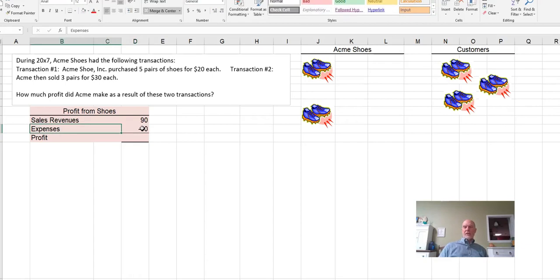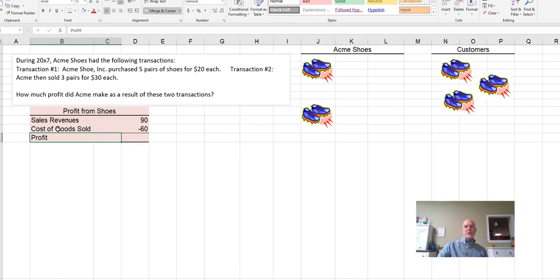And again, that's 3 pair at $20 a piece. And the name of this expense, we're going to call this cost of goods sold. In other words, that is the cost of the goods that were sold.